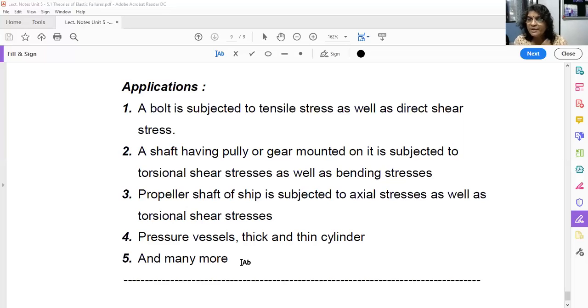Normal may be tensile or compressive, and shear has two types: direct shear stresses, which you learn in bending, and torsional shear stresses, which happen due to torque. Whenever these stresses are combined, that is known as combined stresses. And whenever combined stresses are induced in any mechanical component, we have to use the theory of elastic failure to predict the failure of that component.